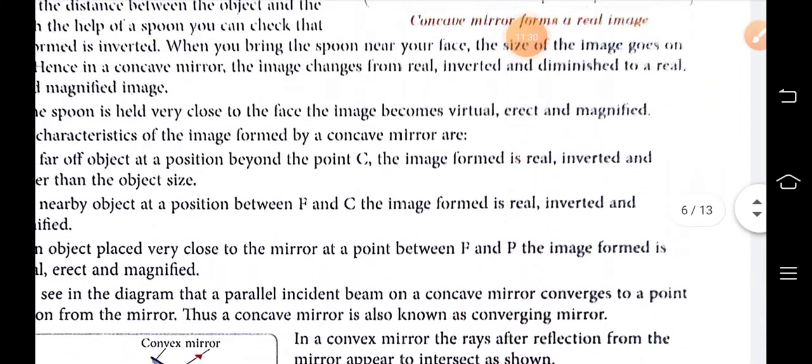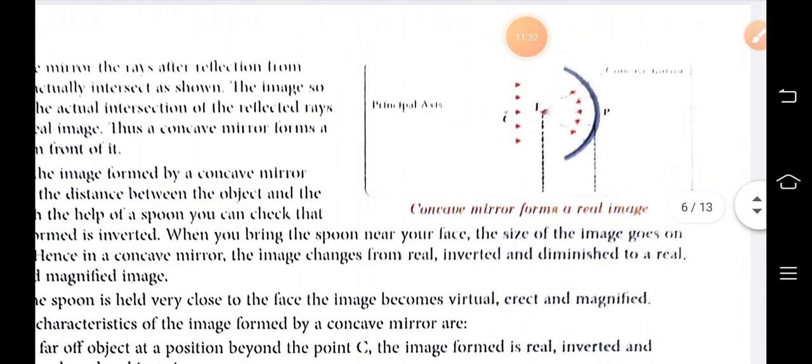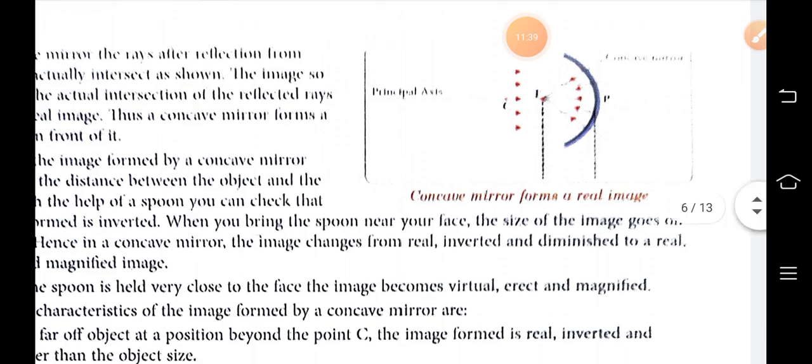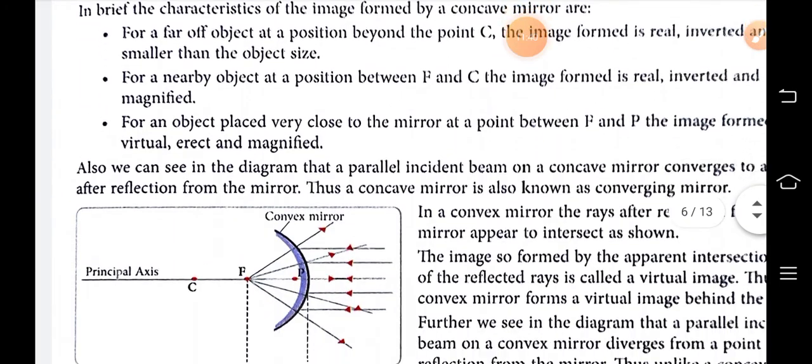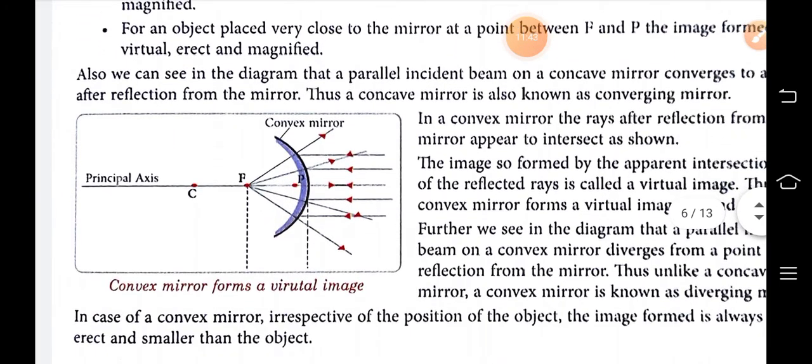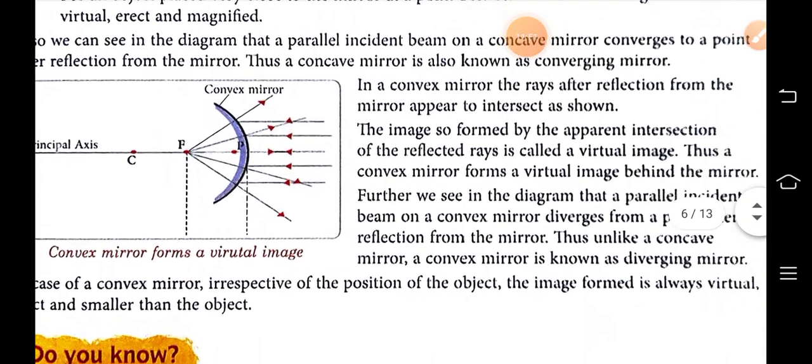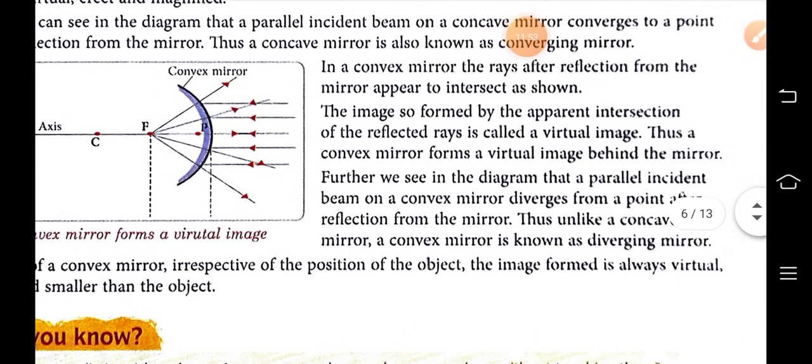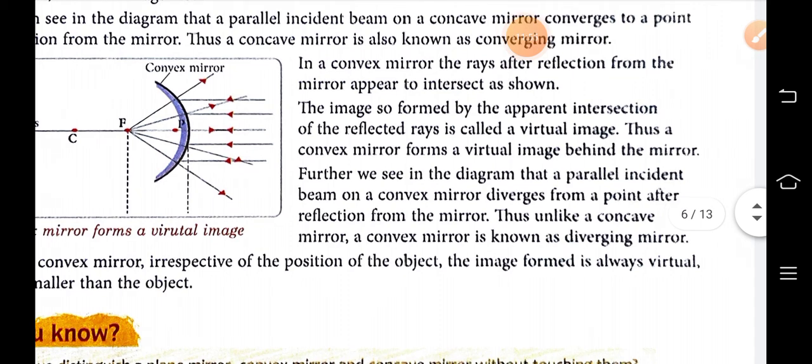In a concave mirror, here you can see the different rays meeting at a point. It is a converging mirror, or concave mirror. And here in this figure, from a point, the rays are diverging in different directions. So it is known as a diverging mirror, or convex mirror.